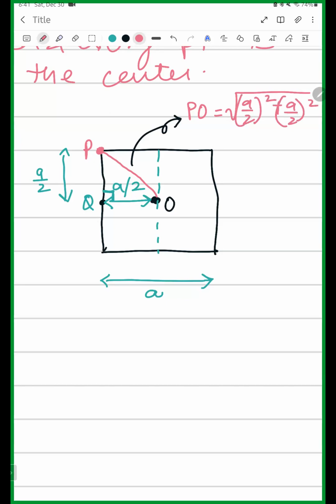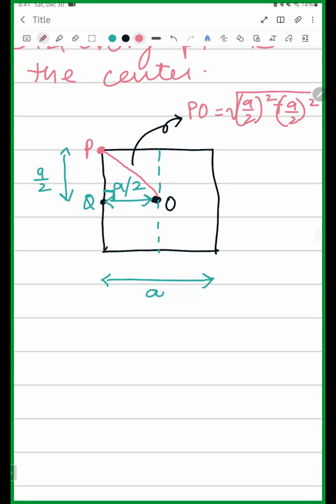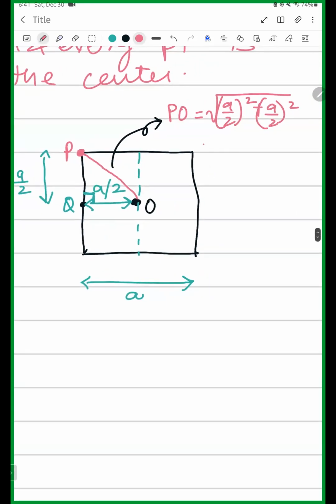When you have a right angled triangle, the hypotenuse square is equal to the sum of the squares of the other two sides. So this is equal to under root a square by 4 plus a square by 4, which is 2a square by 4, which is a by 2 root 2. Or you can say a by root 2.